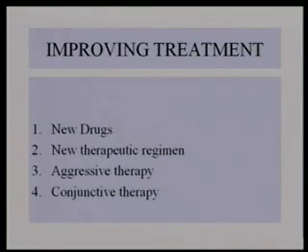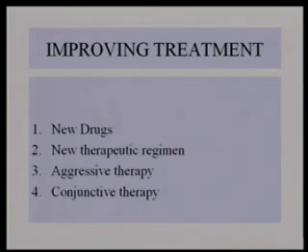We started to get ketoconazole, some of the azoles, in the late 70s and 80s. But in the last 10 years, we've got another, they call them first generation, second generation. We're on the third generation azoles now. And those are some good drugs. They're all manipulations, though, of the same molecules. New therapeutic regimens, and I'll tell you a little bit more about that.